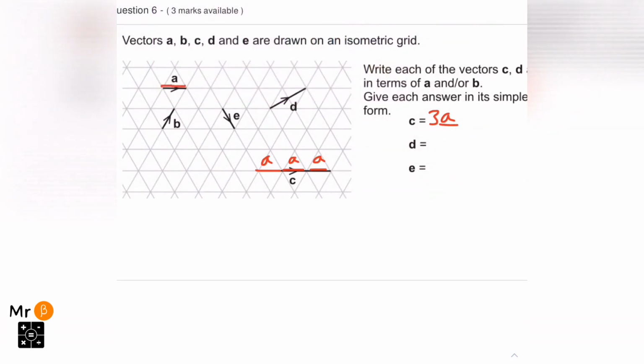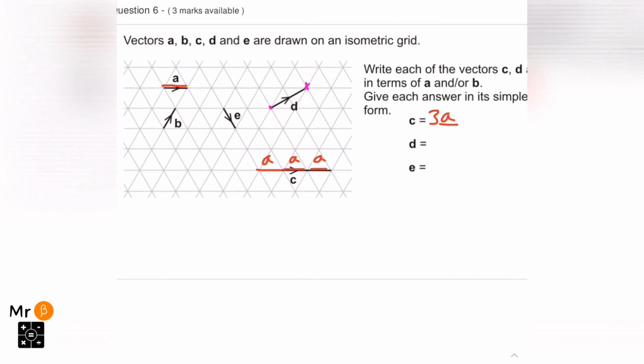Part D, a little bit trickier. We have to come up with a route that we can work out what the vector is. So I know my starting point is here, my ending point is on the cross. So if I went up 1, I know that that is exactly the same as this vector B, because it is parallel to the vector B. Then I also know that it's moved across horizontally 1, which is exactly the same as my vector A. We do have to be careful and just double check they are going in the same direction.